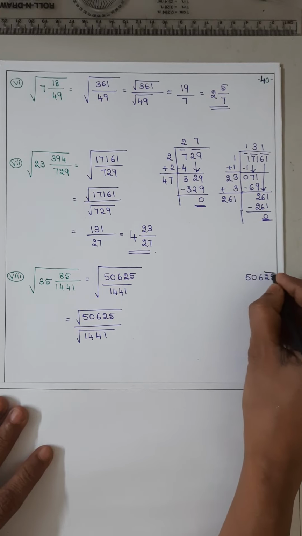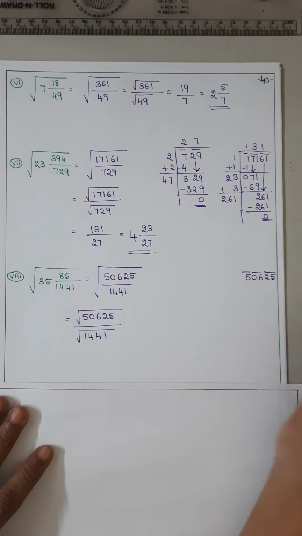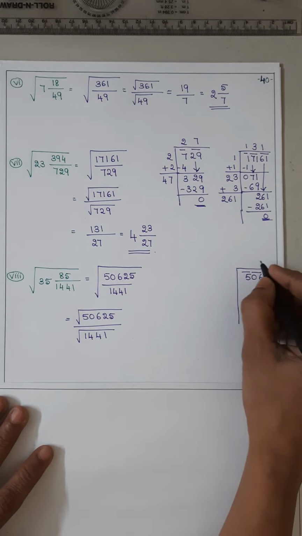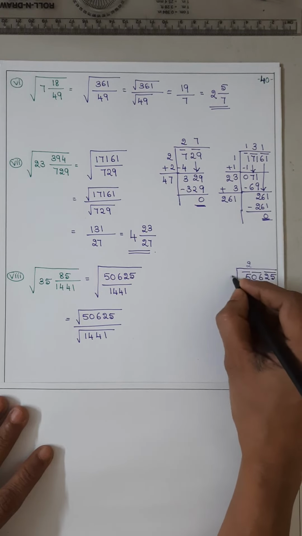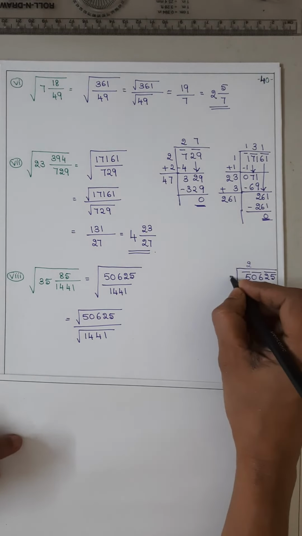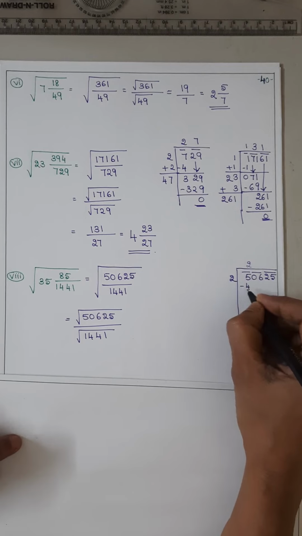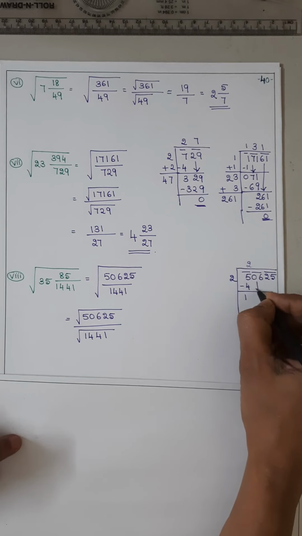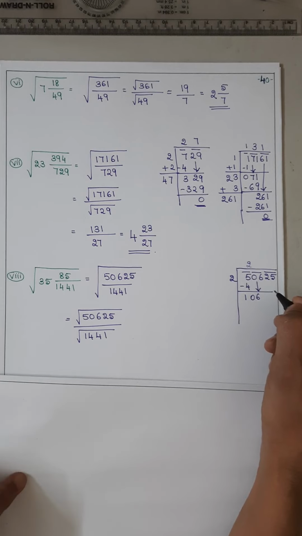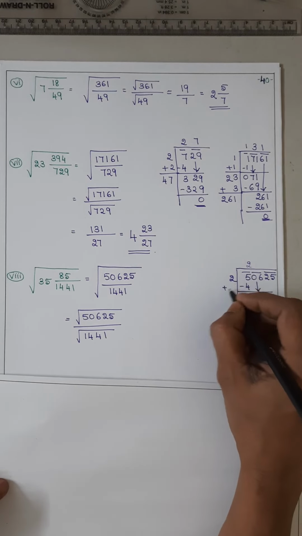Do 50625. Isn't it? Method. You remember? Now it is 2 twos are 4. 2 twos are 4. 1 remains. Bring 6 down. Isn't it? Now add 2.